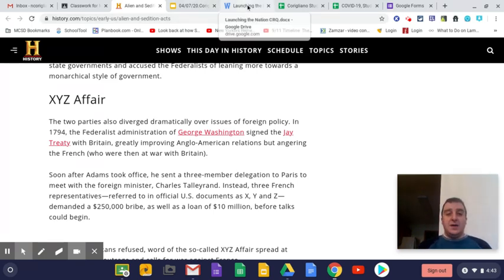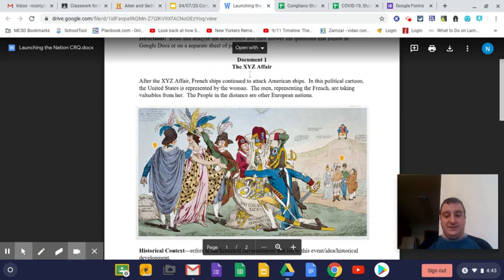So now that we know the exact event that led to the XYZ Affair, and we know what the XYZ Affair is from our memory, we can at least read the description and take a look at the image. After the XYZ Affair, French ships continued to attack American ships. In this political cartoon, the United States is represented by the woman right here.